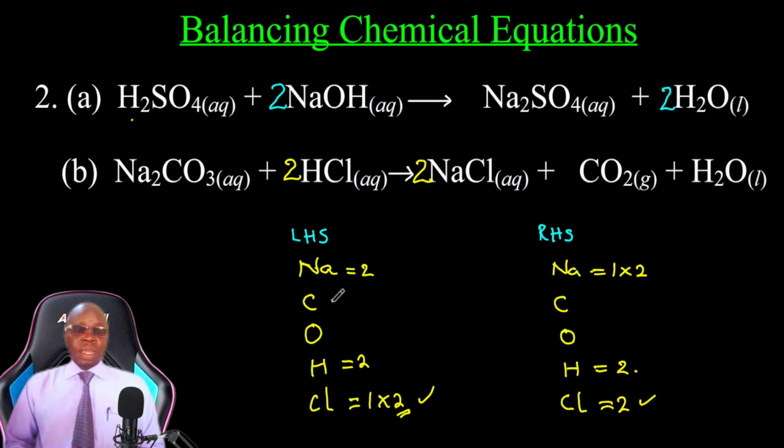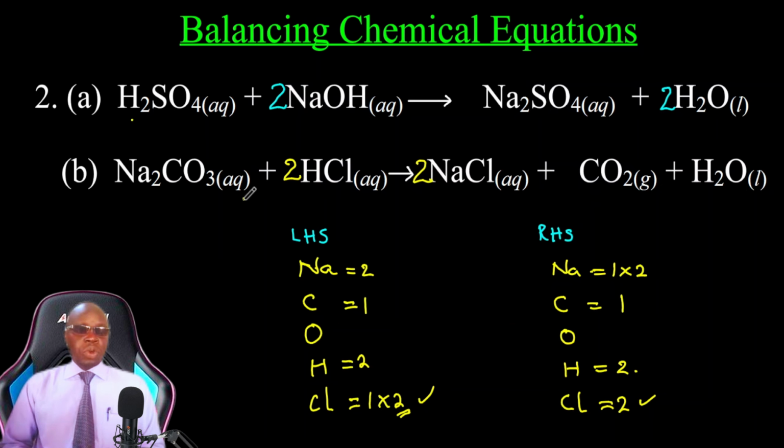The next one is carbon. Now when we look at carbon, we have only 1 atom of carbon from the reactant side, and from the product side we also have 1 atom of carbon.